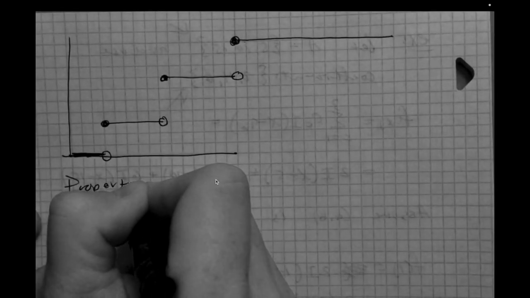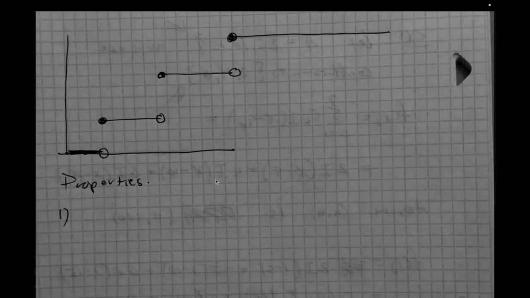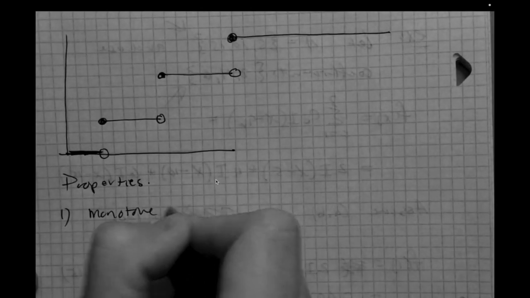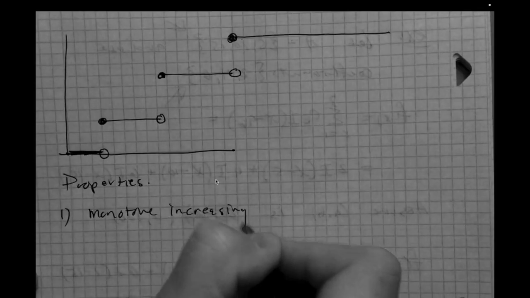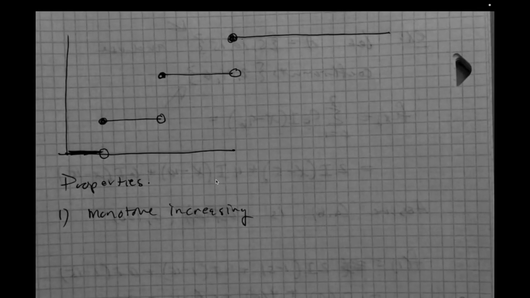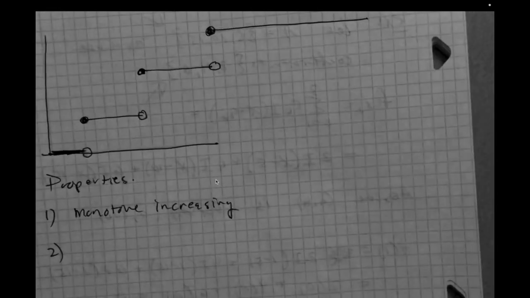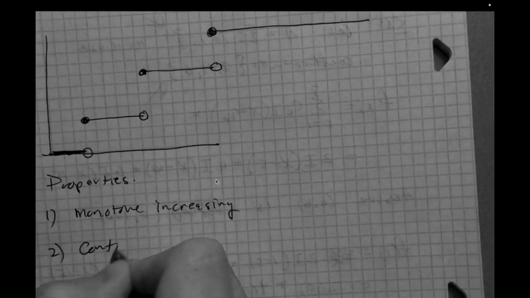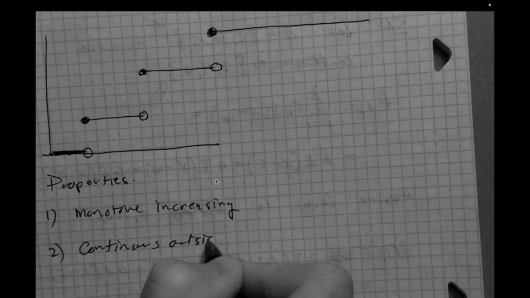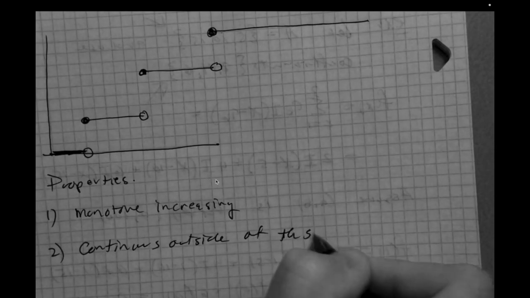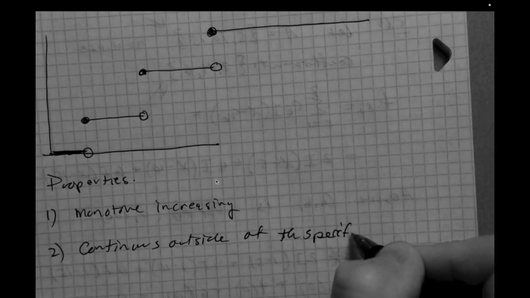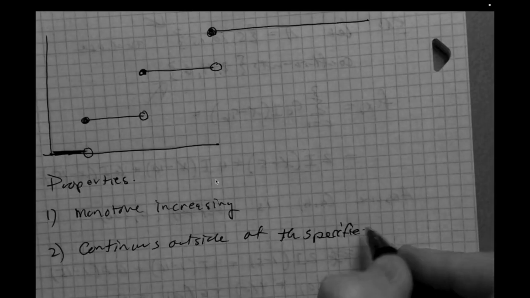Well, it's got nice properties. One, it's monotone increasing. If you specify the interval, you build this function as designed, as desired, and it'll be monotone increasing on that interval. Notice it's continuous everywhere outside of the set A. It's continuous outside the specified set.